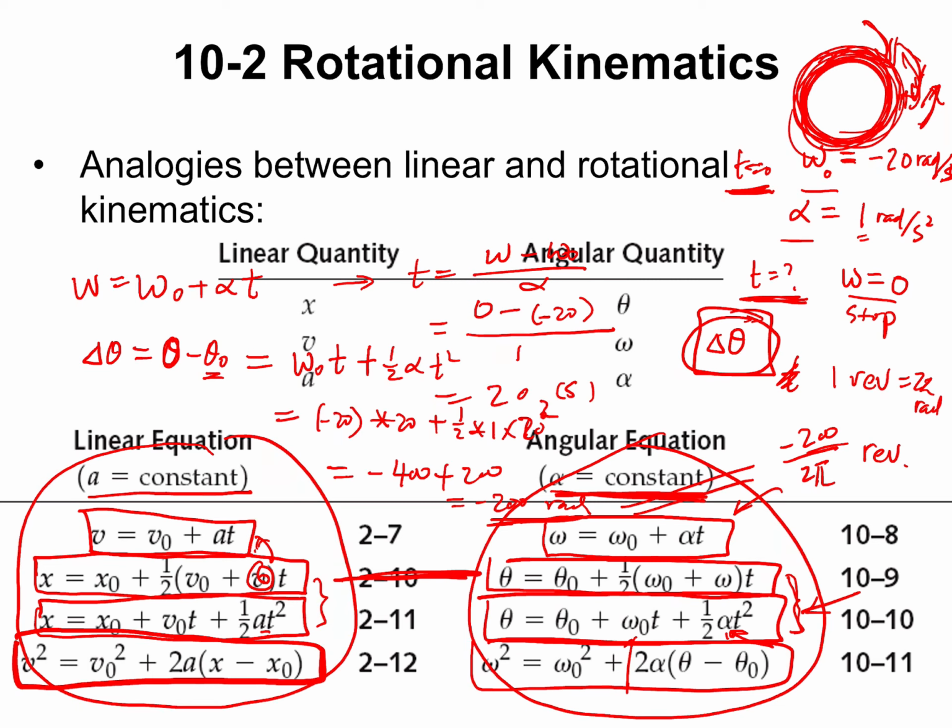So 200 radian equals 200 divided by 2 pi revolutions. So you can figure out how many revolutions this fan will rotate before it stops. This is called kinematic equations, and it's very straightforward. We can use this whole set of equations to calculate everything we need.